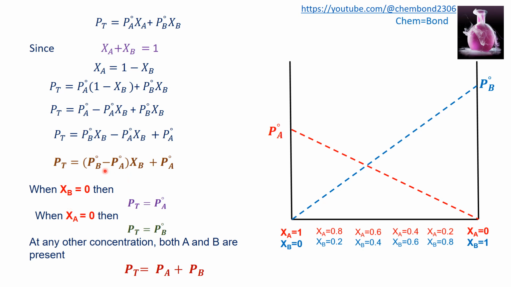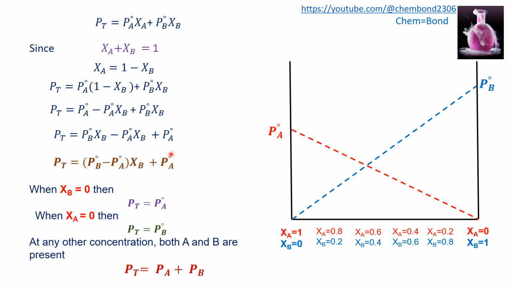We will derive this formula for P naught A also, because here we will put XA plus XB equal to 1, and XA is equal to 1 minus XB, and we will put the value of XA in this equation. If we find the value of XB by moving XA to the other side of the equation, then XB is equal to 1 minus XA.